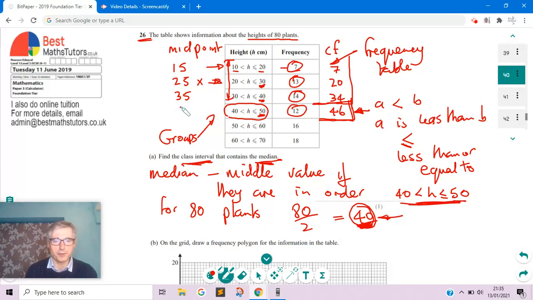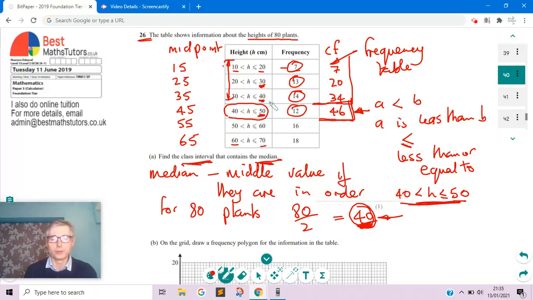That group would be 45. I'm just going to make a little space here, it's getting a little bit cluttered, this diagram. So the next group would be 55, and the next group would be 65. So these are all the midpoints of each group. The last one, 60 to 70, halfway is 65.